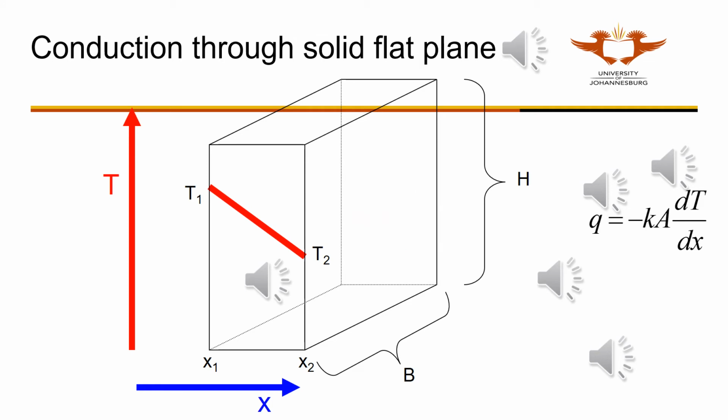Heat will flow from the high temperature, T1, to the low temperature, T2, across the whole of the cross-sectional area of the wall. This cross-sectional area is perpendicular to the direction of heat flow.